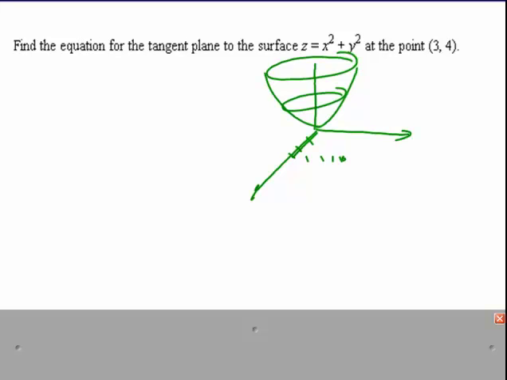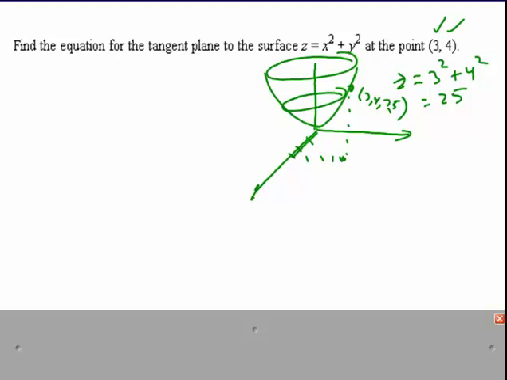And when x equals 3 and y equals 4, we know that z equals 3 squared plus 4 squared, which is 25. So up 25. So there we are at the point 3, 4, 25. So I know my point.